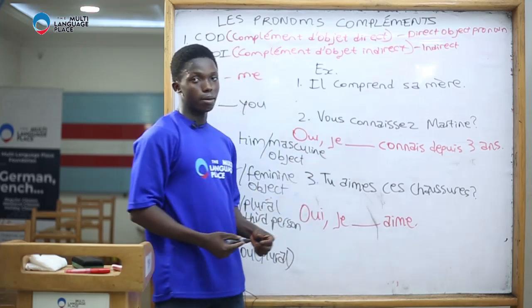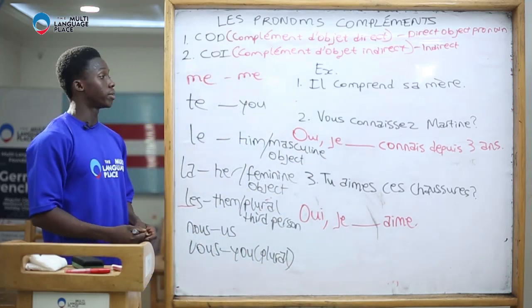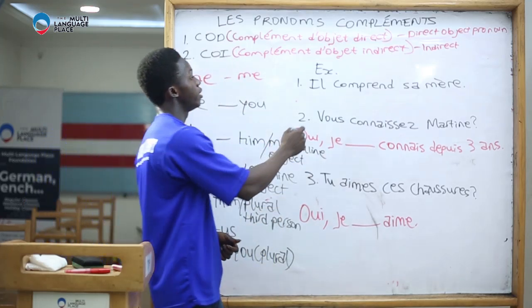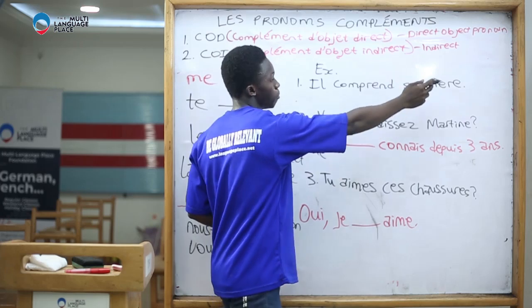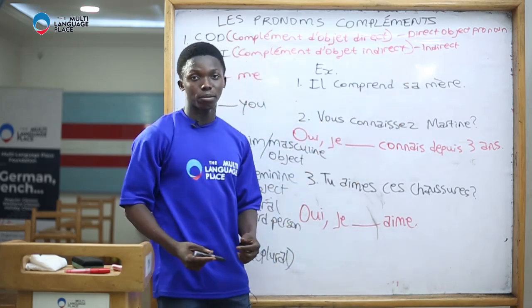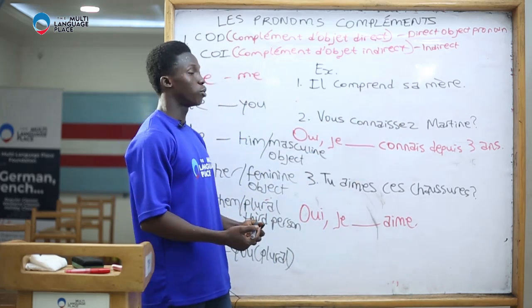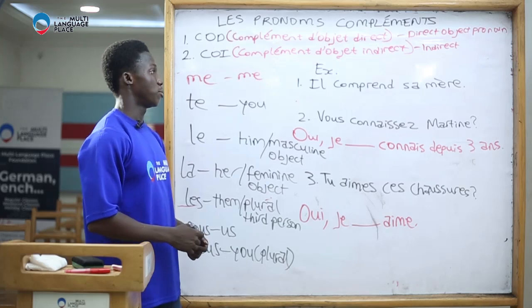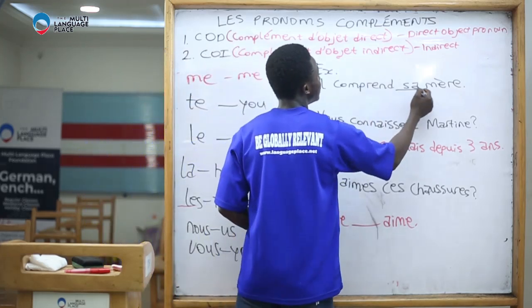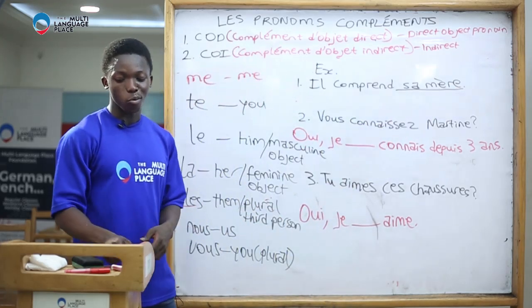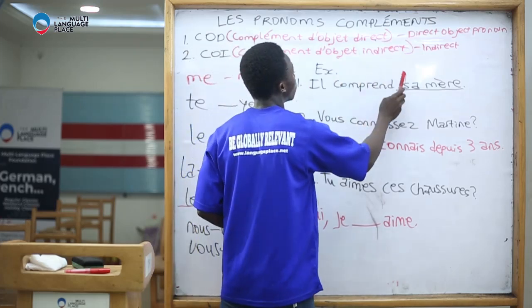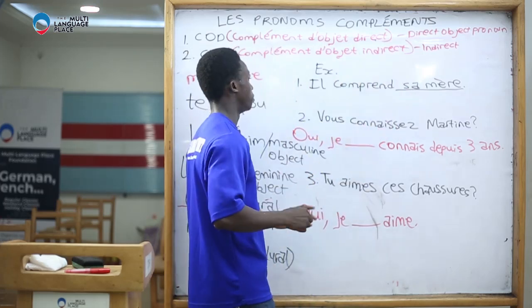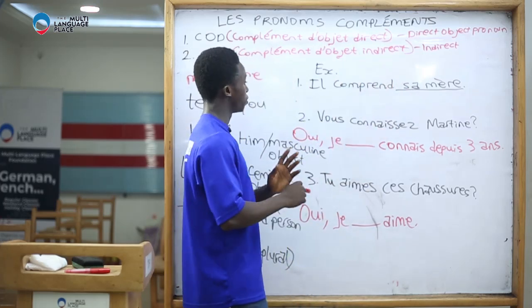Il comprend sa mère means he understands his mother. Now, sa mère is a direct object. Why? Because it is acted upon by the verb, no link, no medium, no preposition, no conjunction, nothing else.